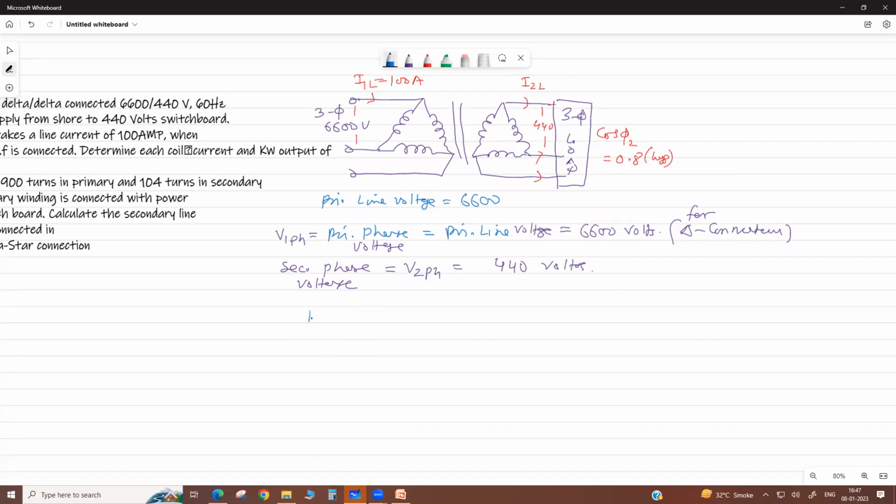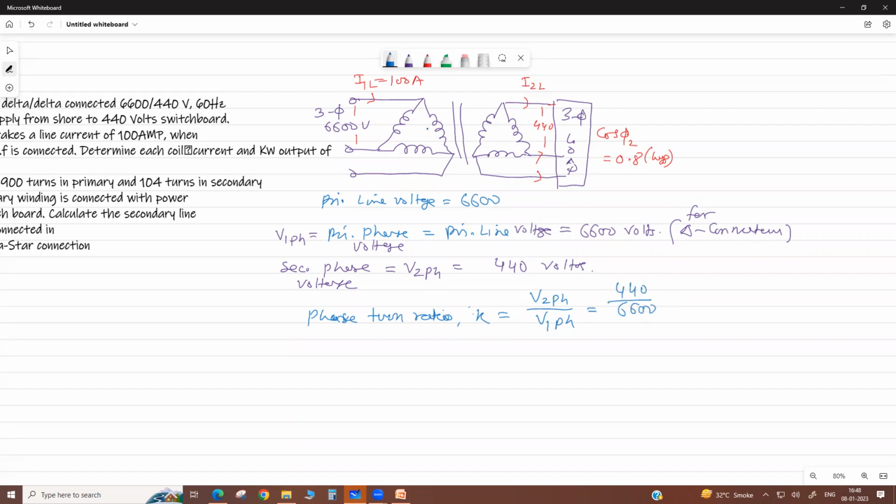Now please write the phase turn ratio, or it is called the per phase turn ratio, K, equals secondary V2 phase upon V1 phase. But here both primary and secondary are in delta, so line voltage equals phase voltage. That's why it is 440 by 6600 only.